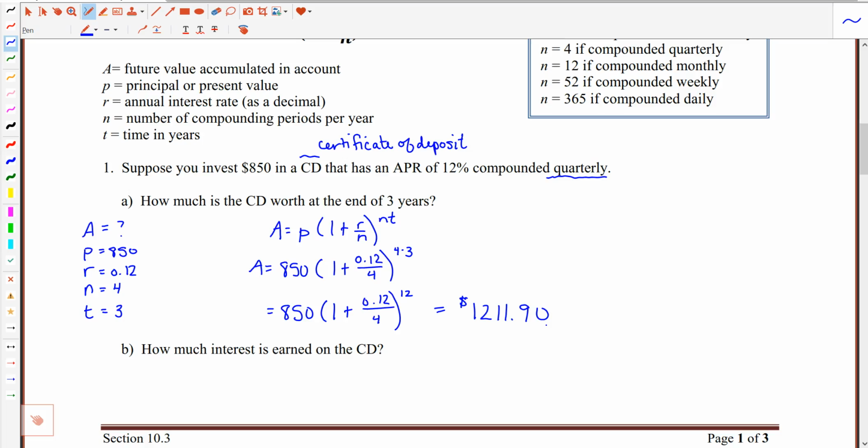So how much overall interest was accumulated? Well, let's find the difference between the final amount and the starting investment. So we're subtracting that future amount minus that initial principal. And that'll tell us how much interest was earned on the account, which in this case is going to be $361.90.